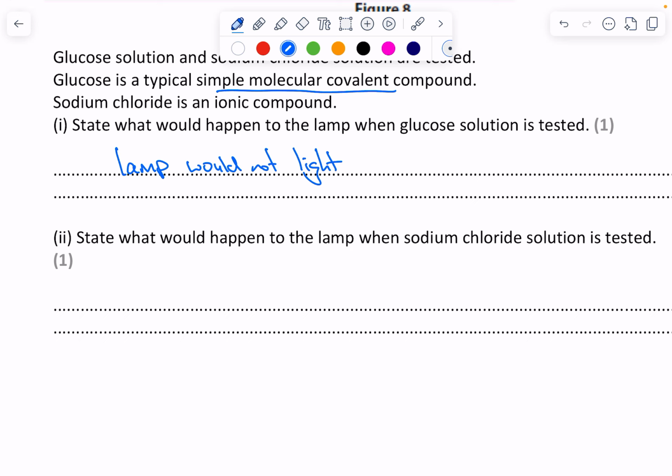State what happened to the lamp when the sodium chloride is tested. So then in that case, the lamp would light up because that is an ionic compound and the ions are free to move.